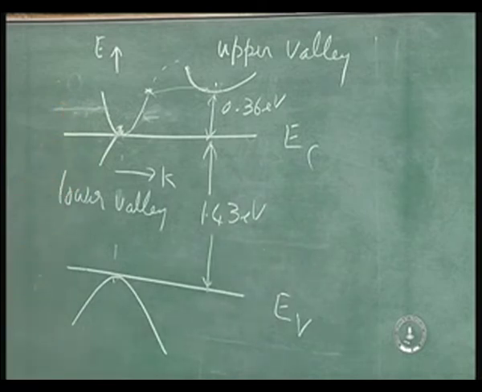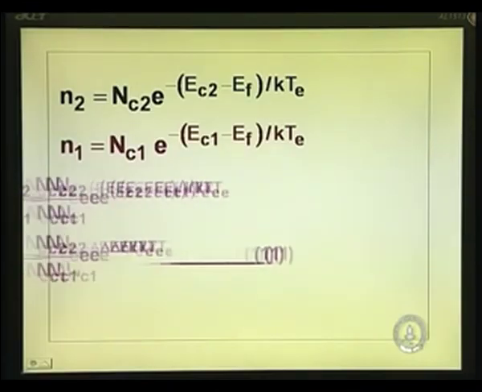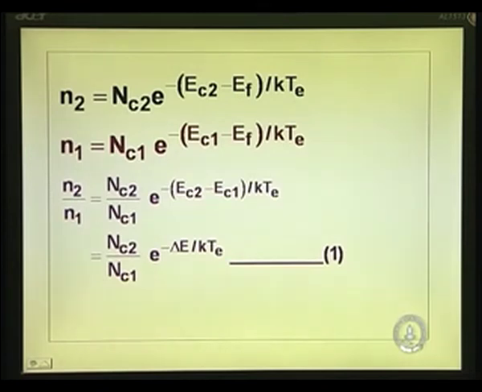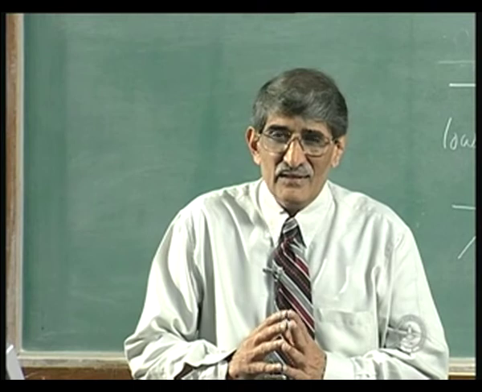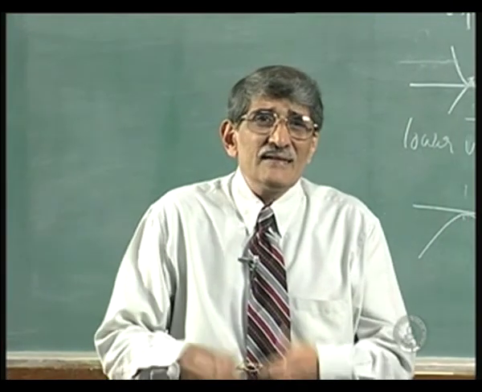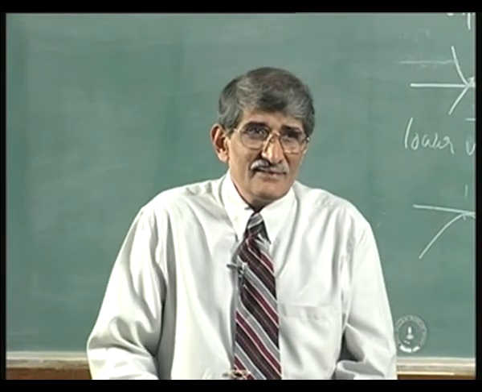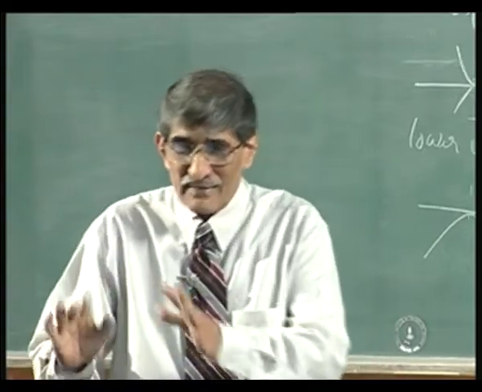Now, let us go back to n2 by n1. I am just putting the Te there. In all the cases, I put Te there, because if T is the lattice temperature, you will find that n2 equals 0. Let me go through it and see.